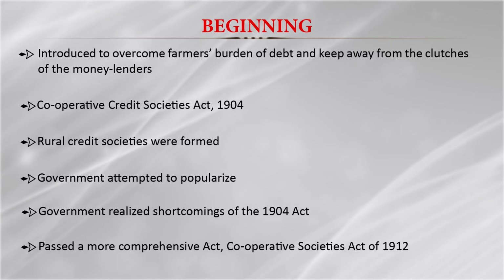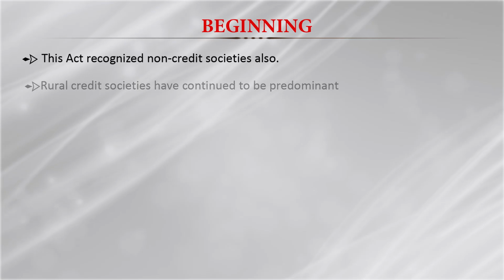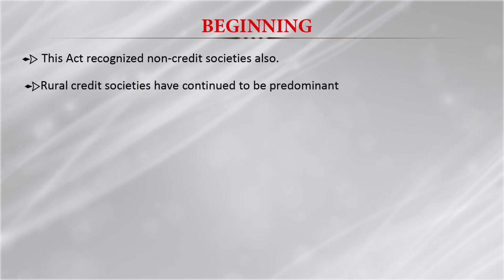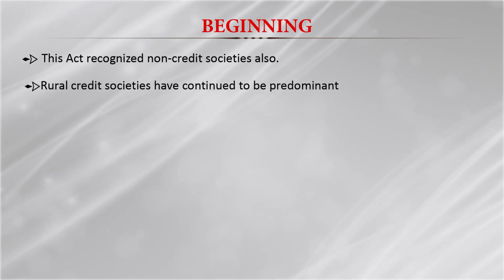In this act, credit cooperative societies were also recognized. Though the rural credit societies were the dominant credit cooperative societies in India, still they are dominant.